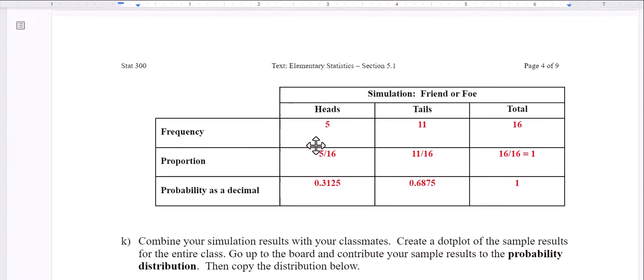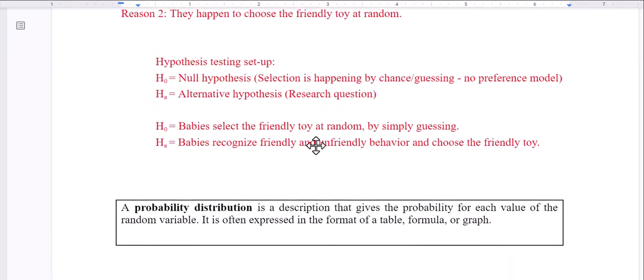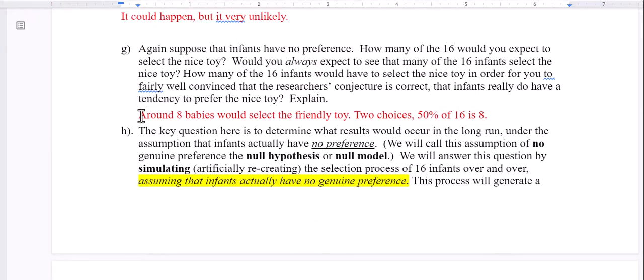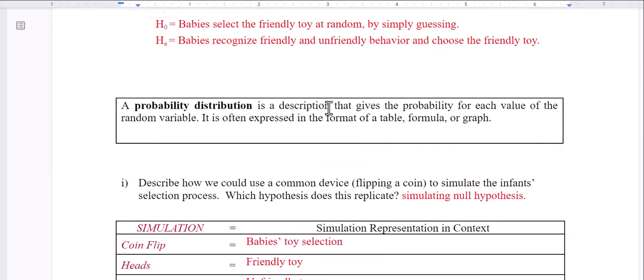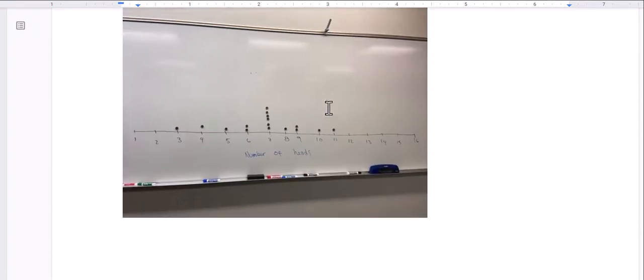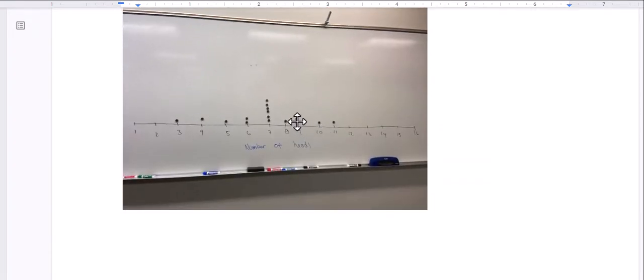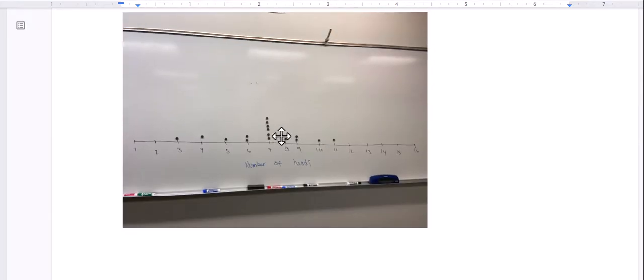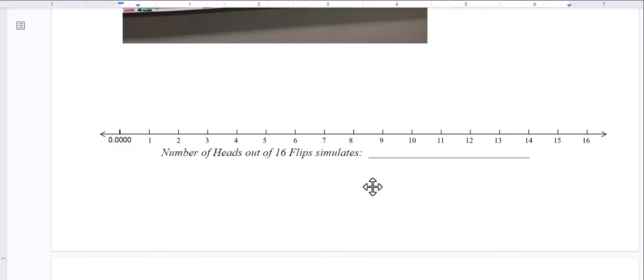If the babies were guessing, we would expect that around 8 babies will select the friendly toy. And now looking at our probability distribution, we see that it is right around 8. In this case, it's more like 7, but if we average it out, if we find the mean, we'll see that it is right around 8.